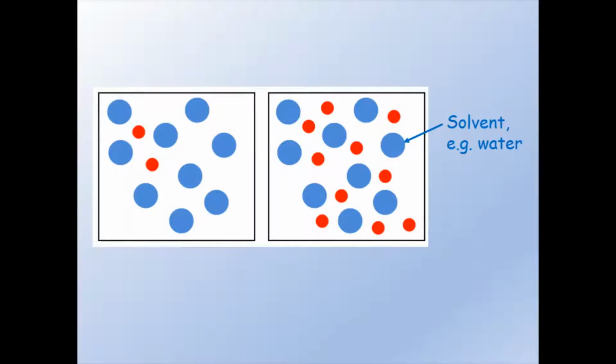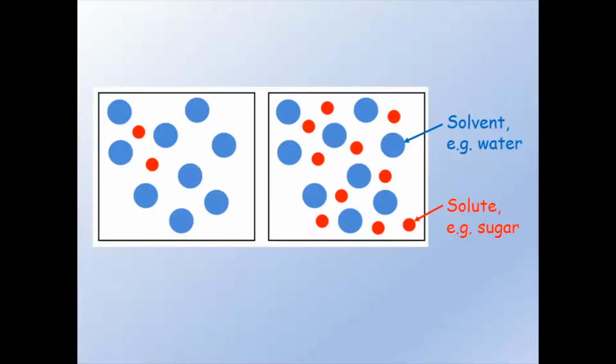The red particles show the solute. The solute is the solid that has been dissolved in the solvent, and that could be, for example, sugar, but it could also be an alkali like sodium hydroxide or an ionic compound like sodium chloride.